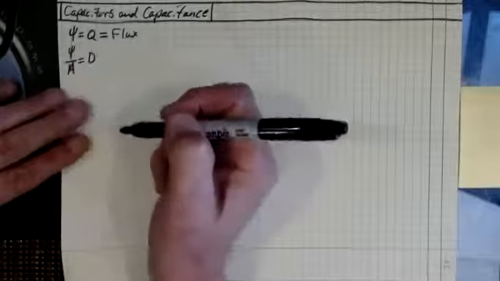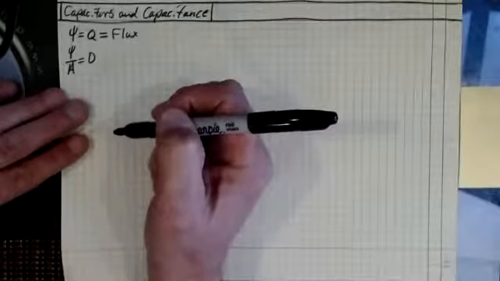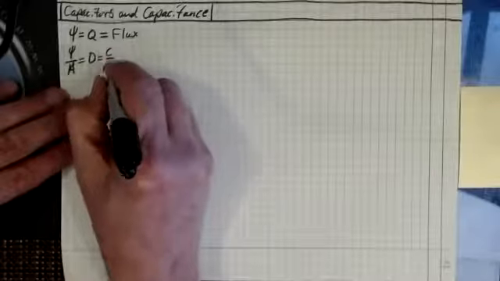We know that flux divided by area is going to be my flux density, right? So flux density is flux divided by cross-sectional area. And so, of course, that would be in coulombs per square meter, right?